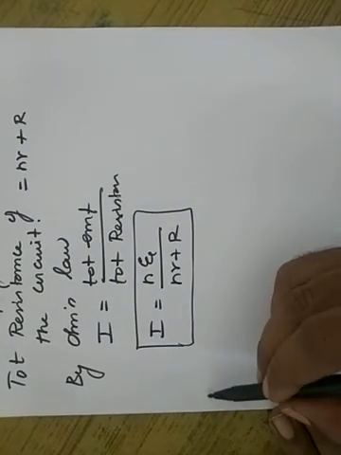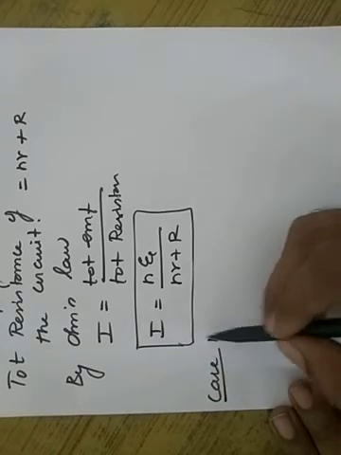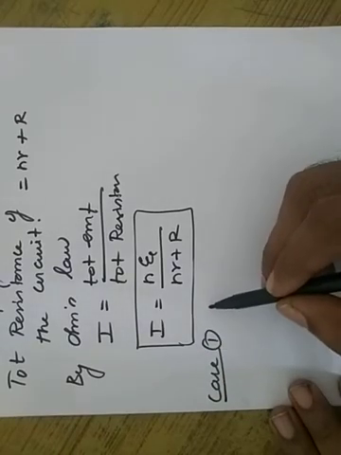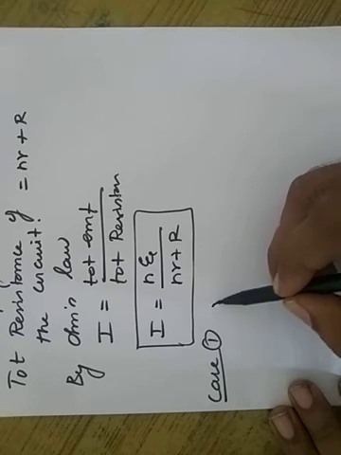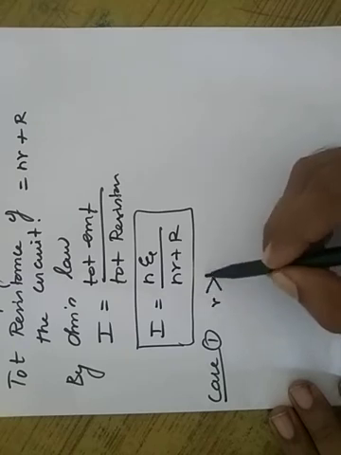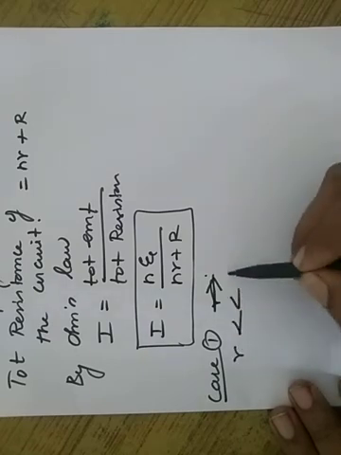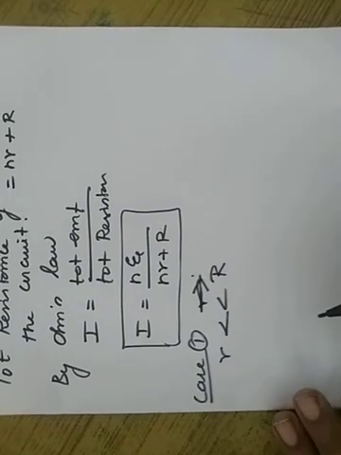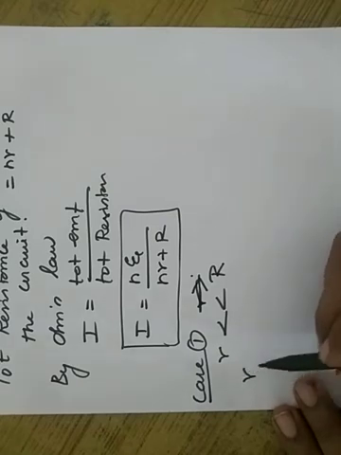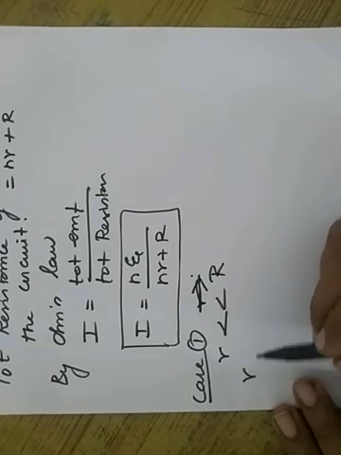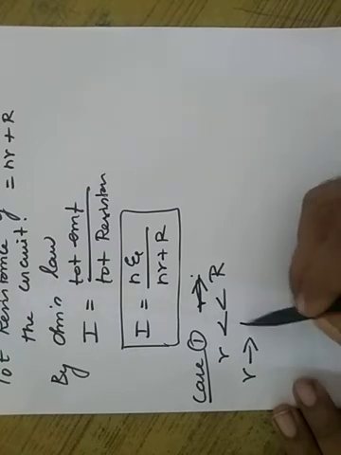Here we consider two cases. Case 1: the internal resistance r is less than the external resistance R. In this case r is so small that the small r is neglected.